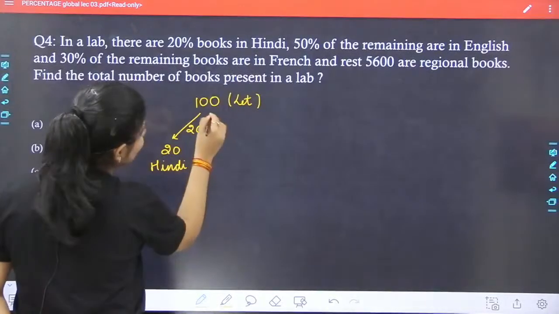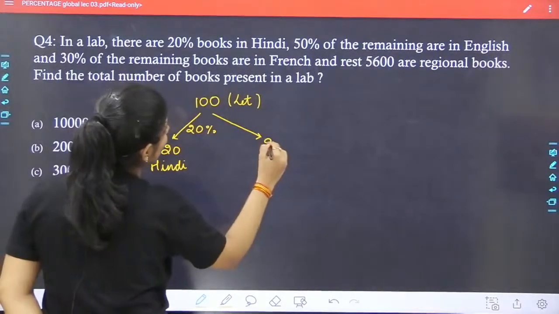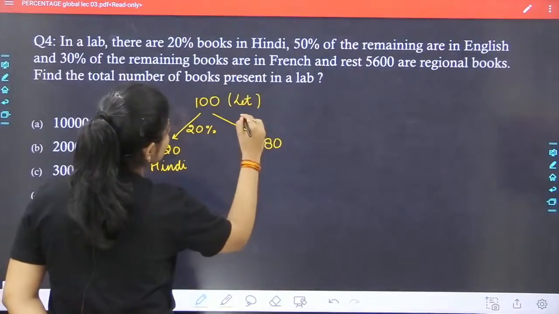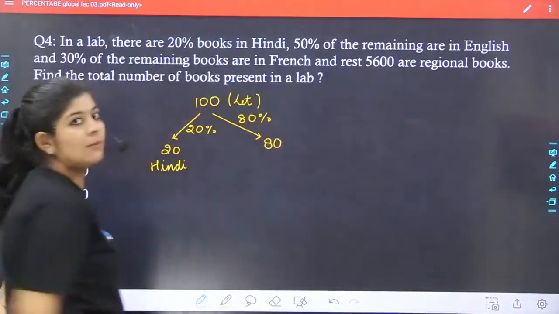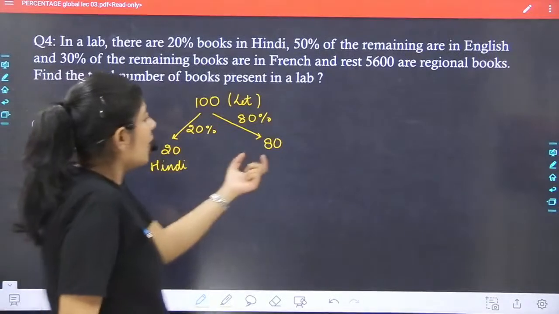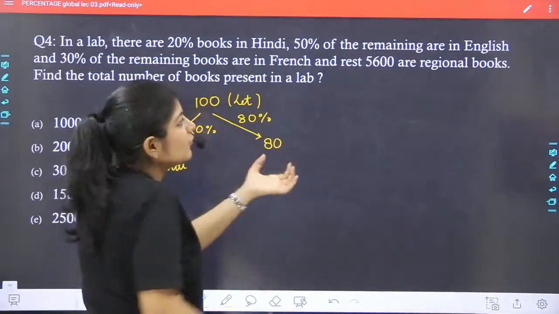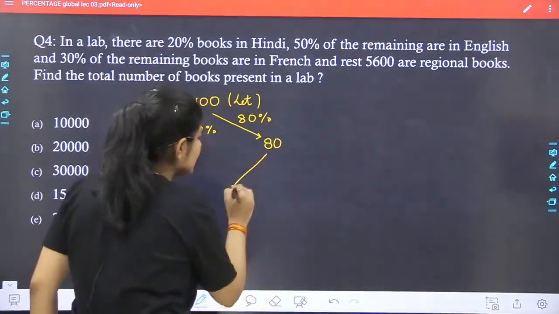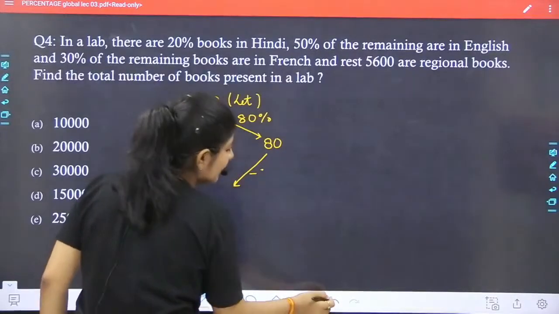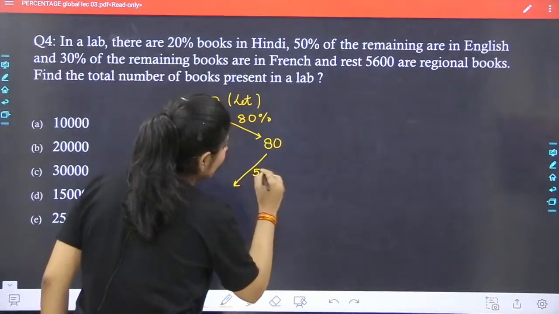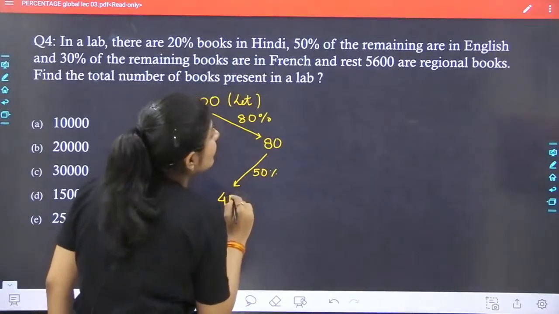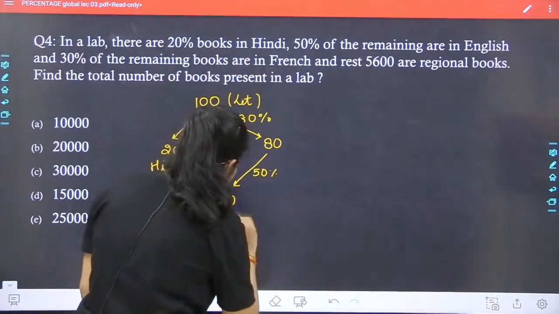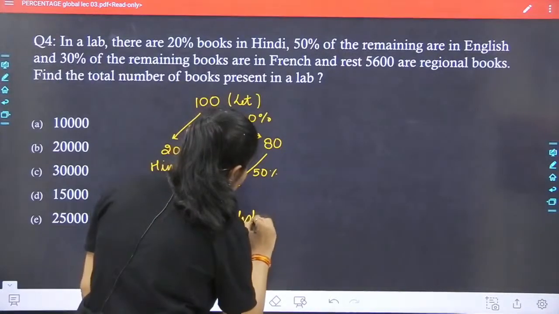Now I am left with 80% of the books, or we can say 80 books, right? These are my remaining books. Now out of 80, 50% of them, that means 40 books, are in English.